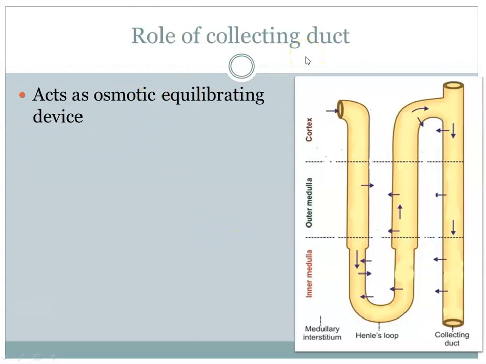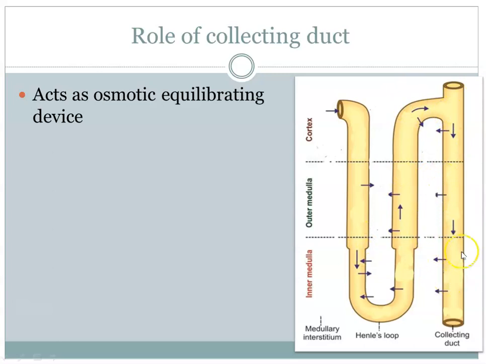Now see the role of the collecting duct. Here the osmolality of the fluid becomes hypo. Depending upon the need of our body, ADH acts on the distal convoluted tubule and the collecting duct, and the water gets reabsorbed from the collecting duct. This collecting duct acts as an equilibrium.